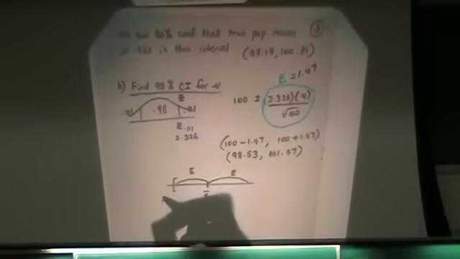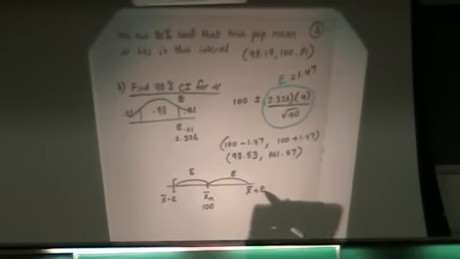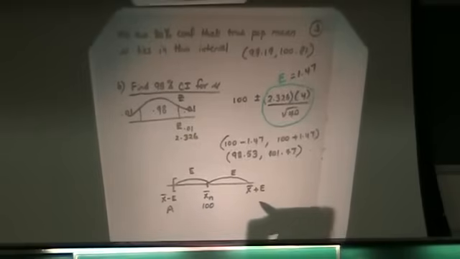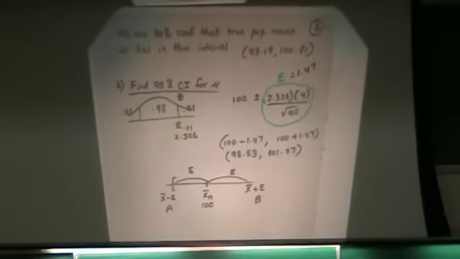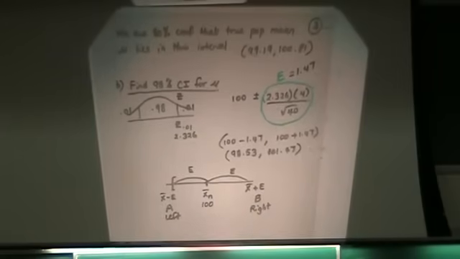And I ended up with X bar minus E and X bar plus E, the left endpoint A and the right endpoint B. Left, right. That's really what's happening, right? Yes or no?